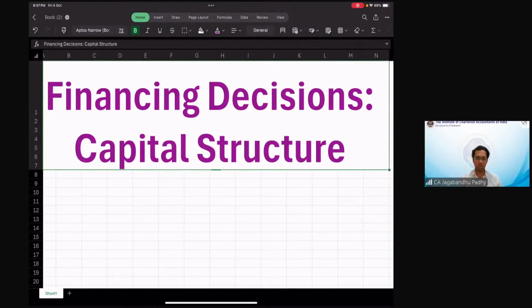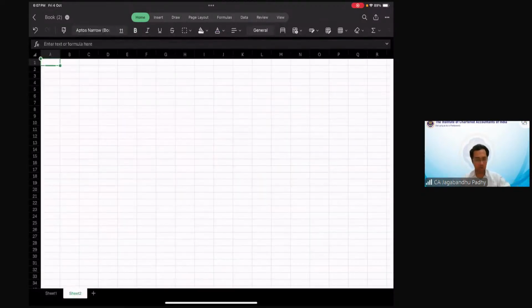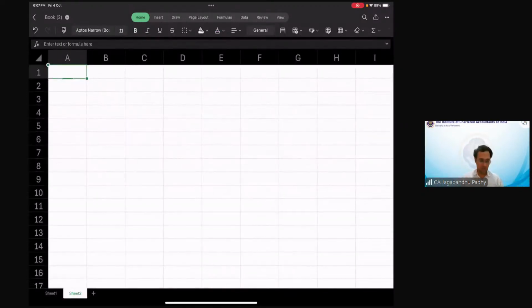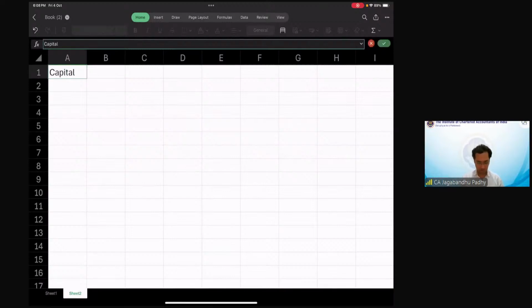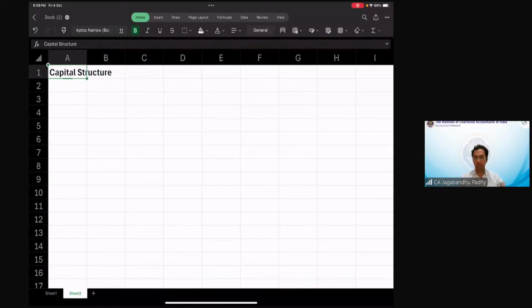But you need not worry about it, because those formulae are again going to be logically derived by me, just as we have been doing since the previous sessions. So let's get started without any more discussion. First, we talk of the word capital structure. When we say capital structure, what do you really mean by it?